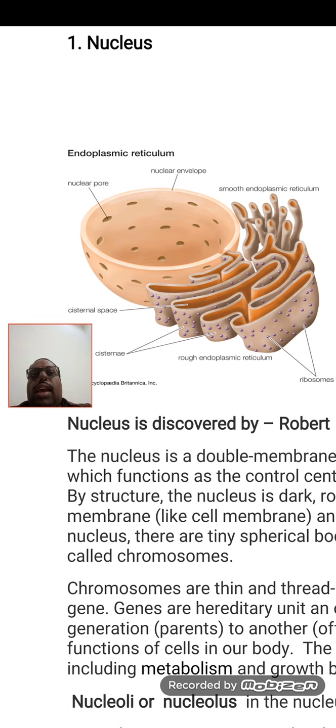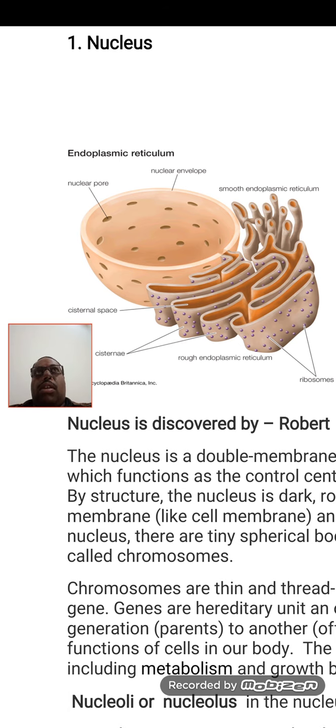The nucleus has many pores, and the first record of the nucleus was given by Robert Brown, who first discovered it. When we look at the nucleus under the microscope, it is very darkly stained inside the cell. Why is it darkly stained?